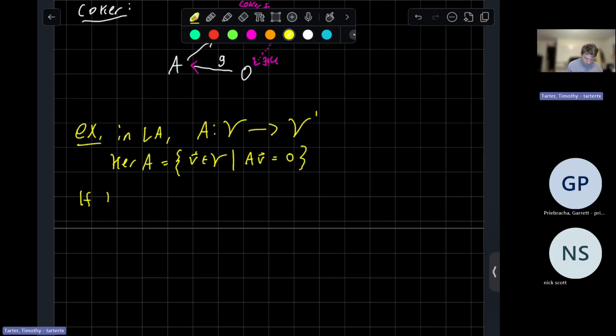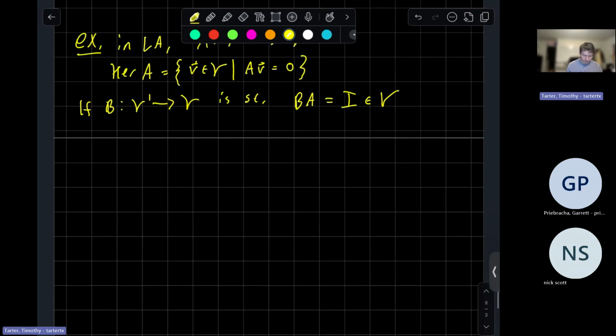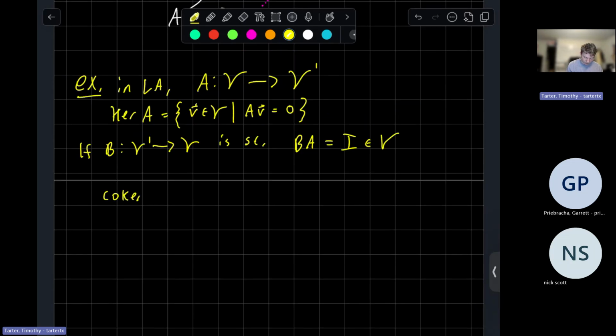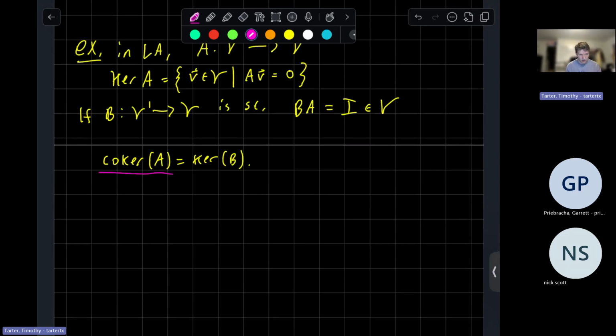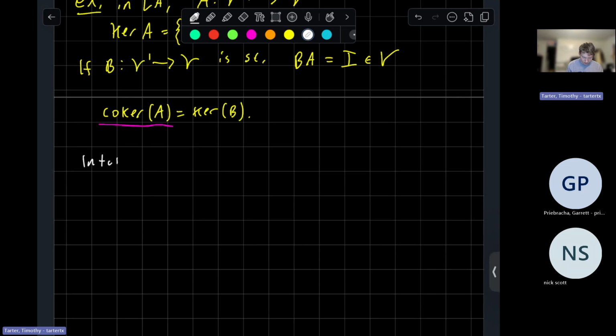And if B from V prime to V is such that BA is equal to the identity on V, which we can always construct, then the co-kernel of A is the kernel of B. So basically, our intuition is that the co-kernel is the kernel of the left inverse of a homomorphism.